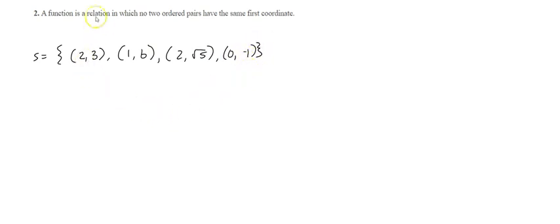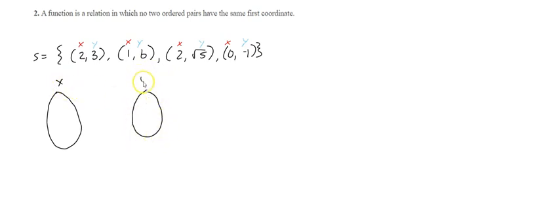Okay, we know our first coordinates here. Here's our x, x, x, x. We know our second coordinate, I'll put it right here. It's y, y, y, y. Those are our second coordinates. So if we draw this out, here's going to be all our first coordinates. Here's going to be all our second coordinates.